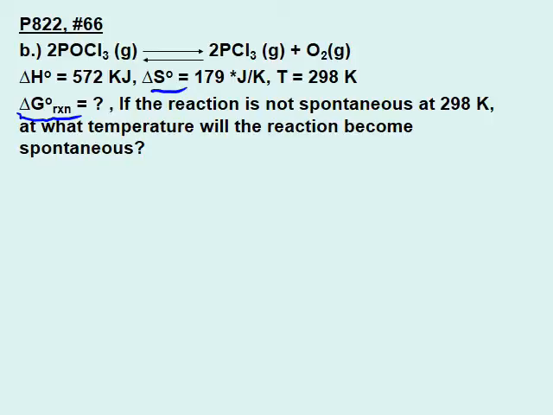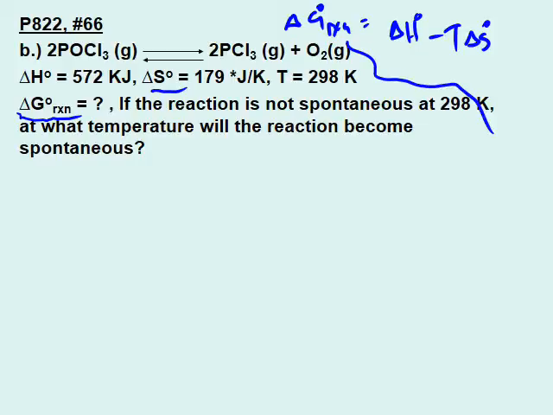And we already know that expression: delta G0 of reaction equals delta H0 of reaction minus T delta S0. So basically we plug in all these numbers.